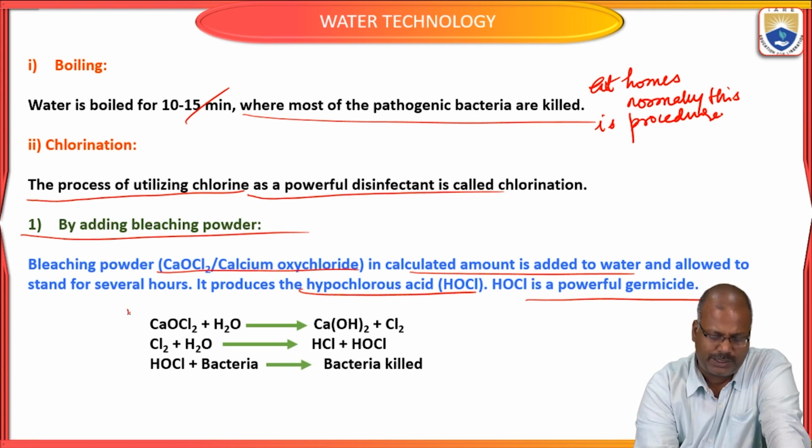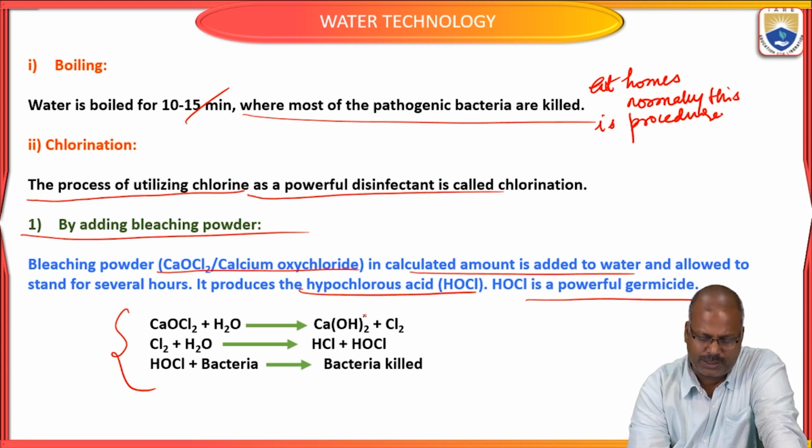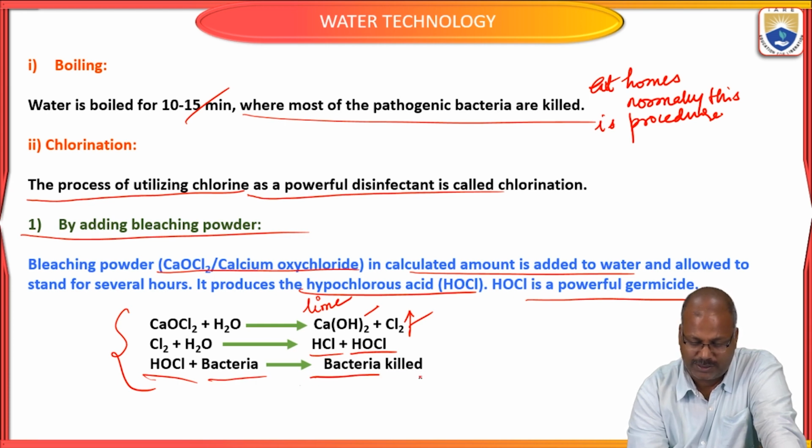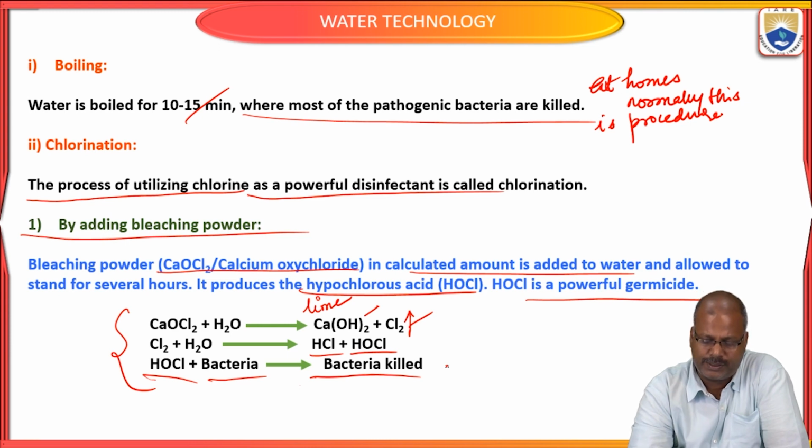So this is the reaction. Calcium oxychloride plus water gives calcium hydroxide, which we also call lime, plus chlorine gas. So chlorine reacts with water to form HCl and HOCl. HOCl plus bacteria gives, actually HOCl kills the bacteria.